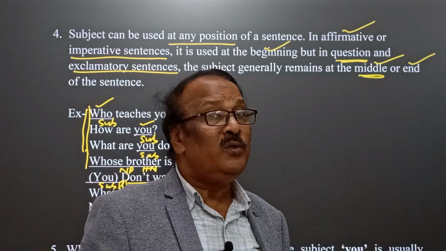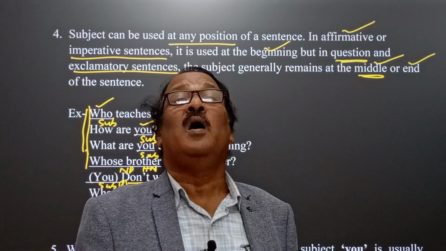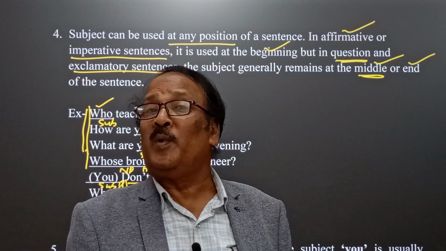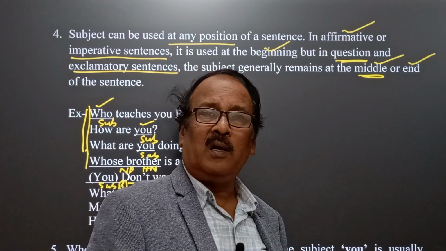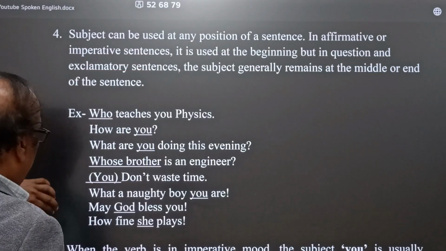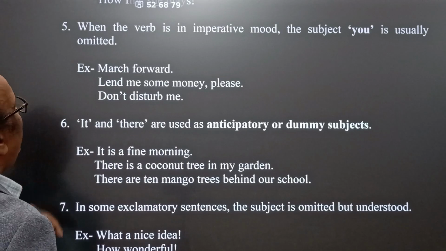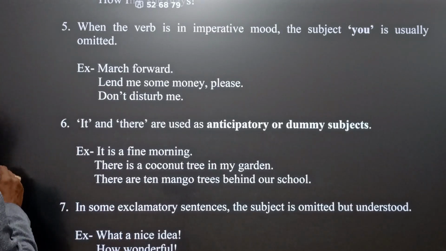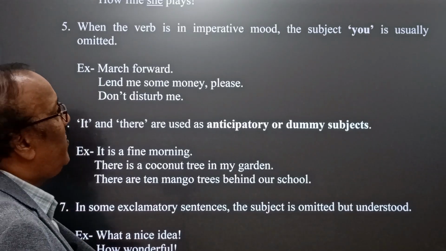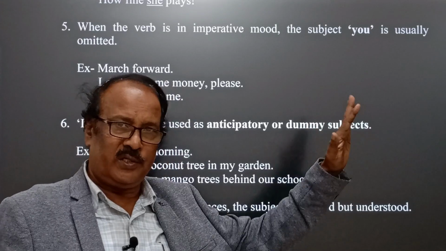Sometimes it is used at the beginning, sometimes in the middle, and at other times at the end of the sentence. Again, when the verb is in imperative mode, the subject 'you' is usually omitted, as we have already discussed.